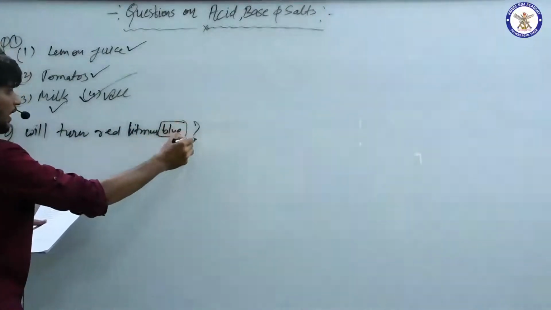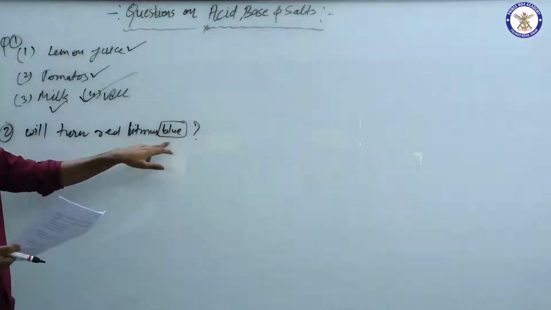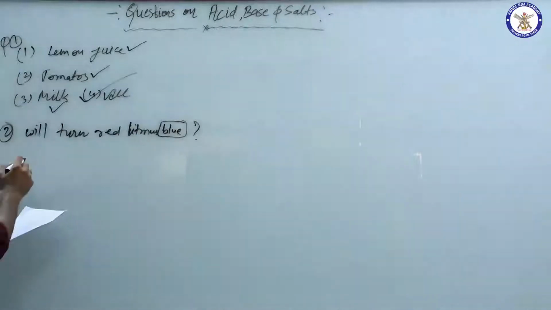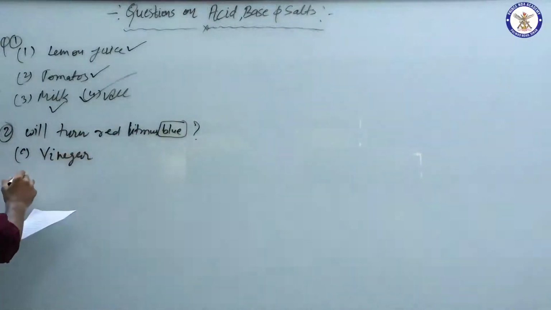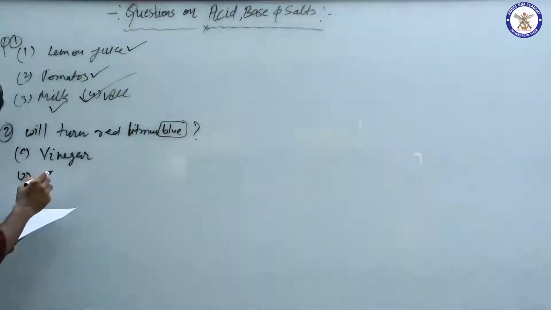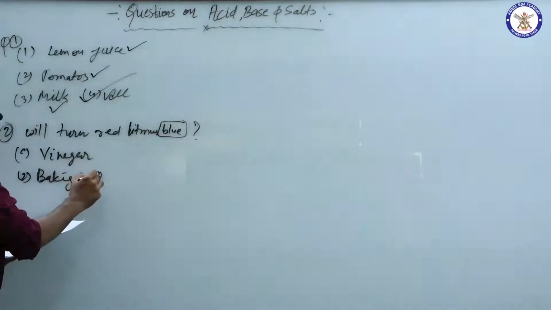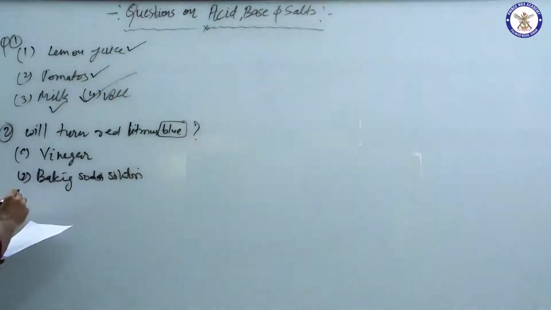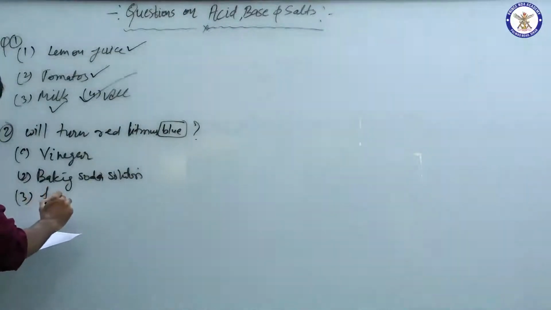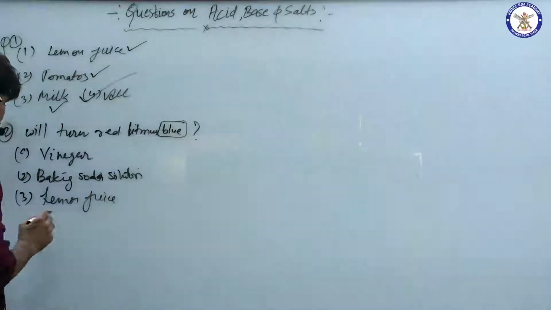You know, we have to find which one will turn red litmus blue, for base. यानी हमें देखना कि बेस कौन सा है. नंबर 1 विनेगर, 2 बेकिंग सोडा सॉल्यूशन, नंबर 3 लेमन जूस, and number 4 soft drink.